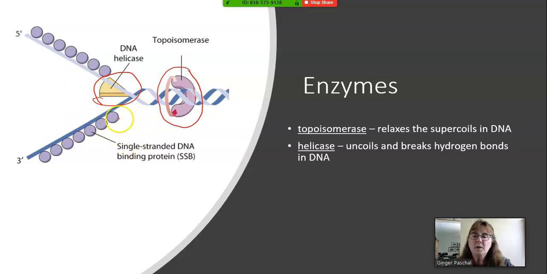There are also a couple of molecules here, these circles. These are called single-stranded DNA binding proteins, abbreviated SSB. These attach to the DNA along the outside of each of the strands, and they keep these two strands from coming back together, because that's the natural attraction that they will have for each other.